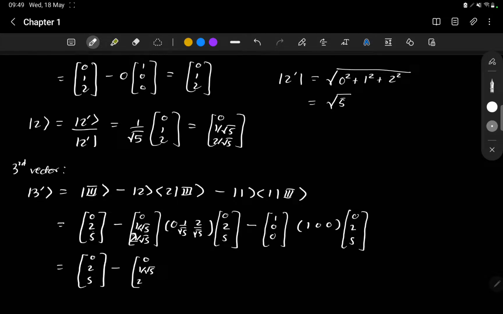Sorry, this is 2 over root 5. So this is 0 times 0 plus 1 by root 5 into 2 plus 2 by root 5 into 5.